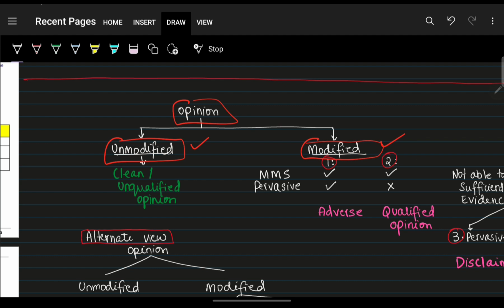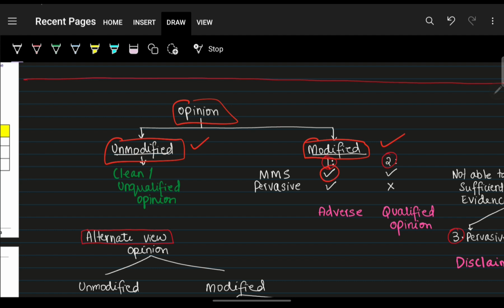So when will the auditor give a modified opinion? Either when there is a material misstatement, or he is reasonably sure that there is a material misstatement, or when he is not able to find sufficient and appropriate evidence. Okay, we'll see in detail over here.